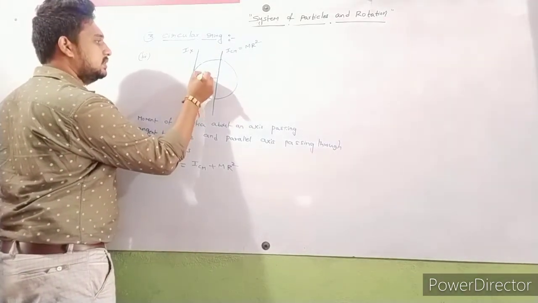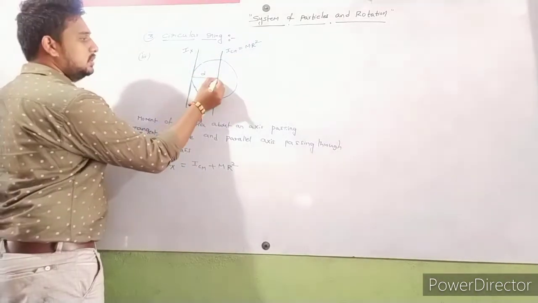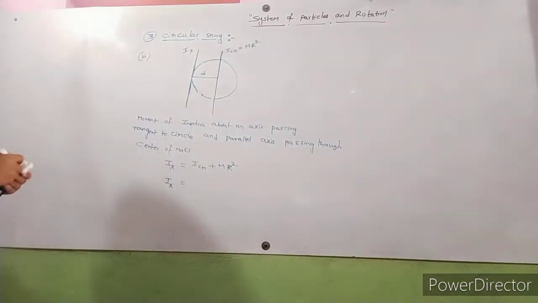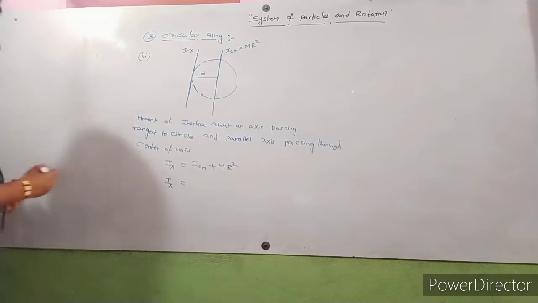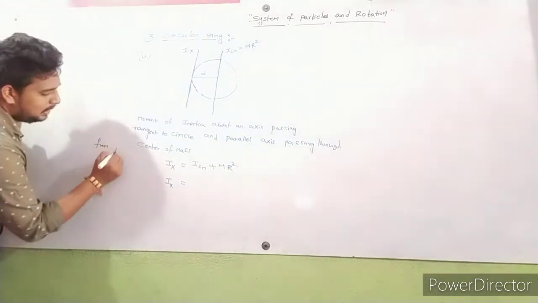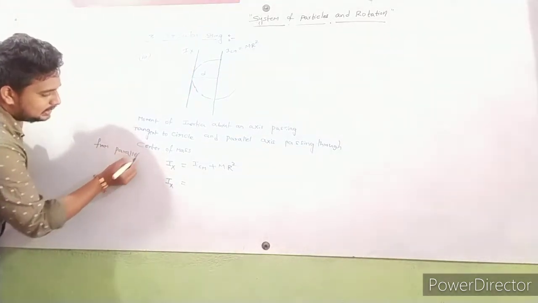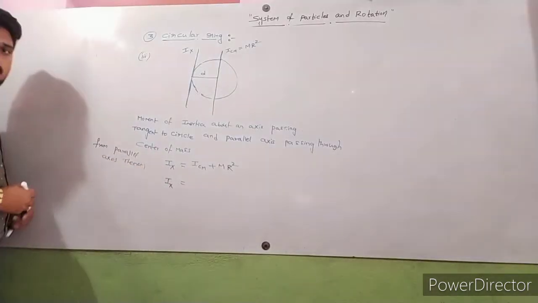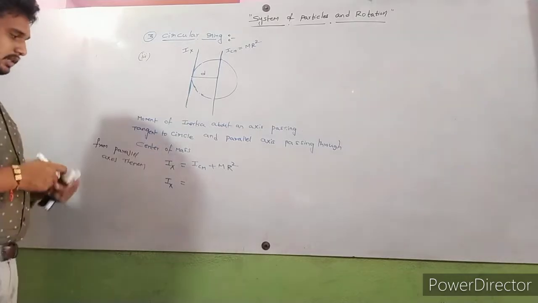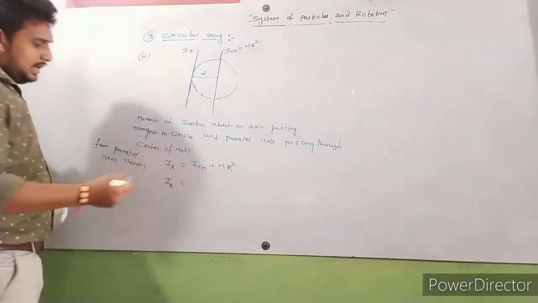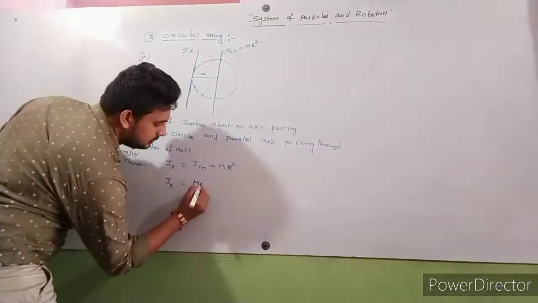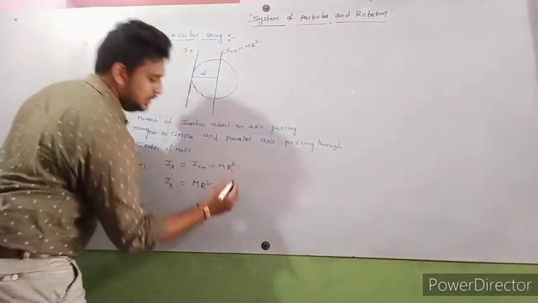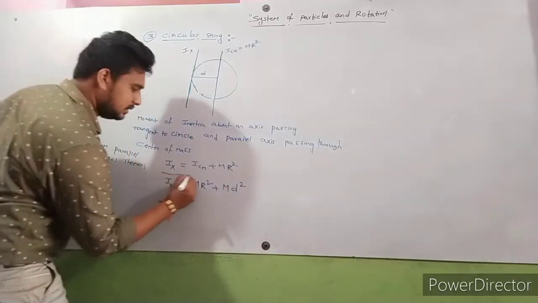So this distance is d. Okay. Distance is d. So then Ix, from the parallel axis theorem, is equal to ICM, which means mr square, plus m into d square.